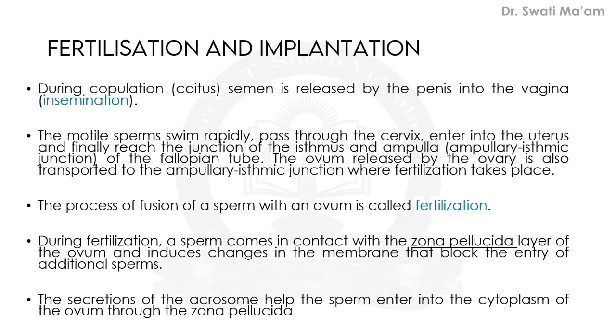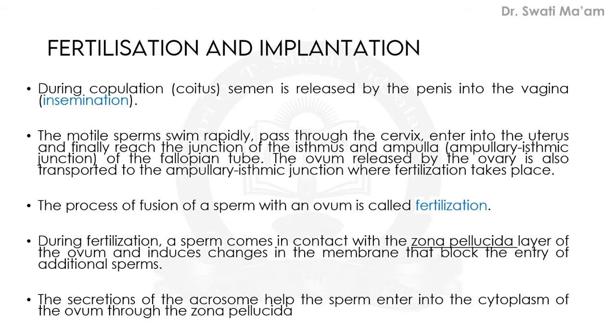It is a very important event, and in the last session we understood that the ovum is released during ovulation on the 14th day of the menstrual cycle. This ovum is fertilized by a sperm, and only when it is fertilized do the further events take place.